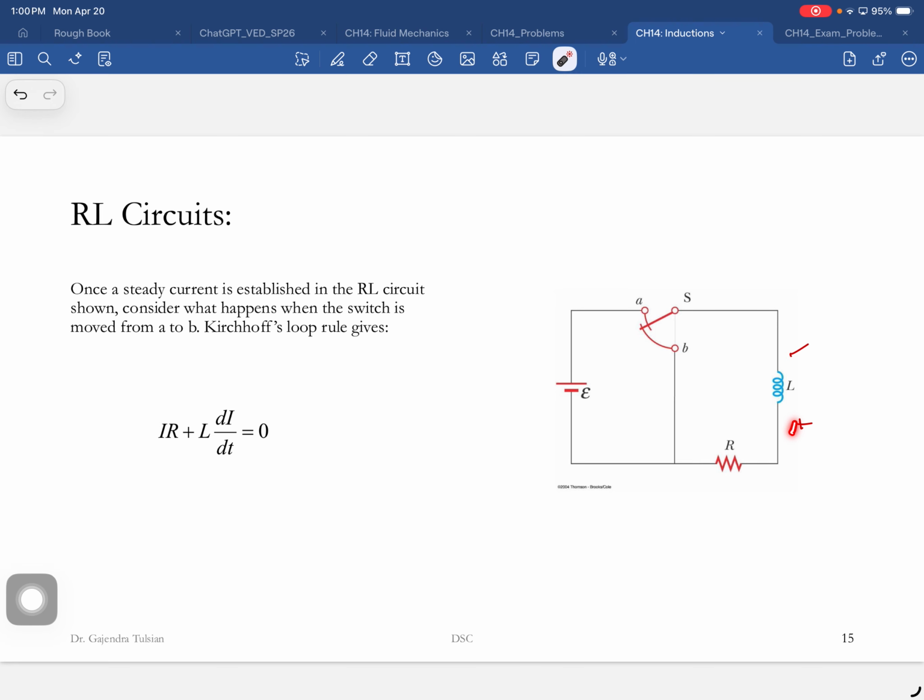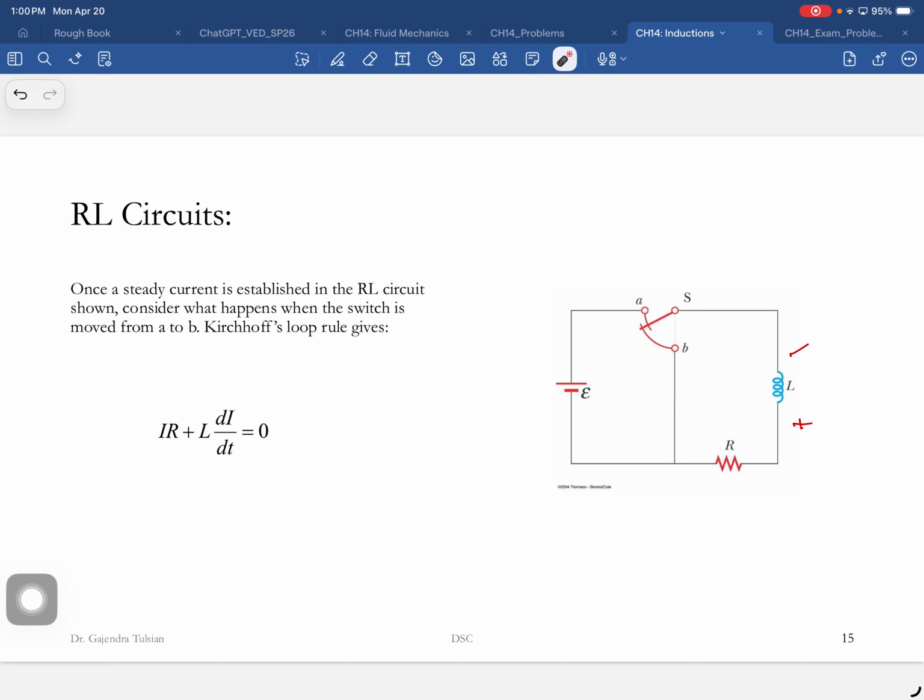It should be minus the voltage across this, but the voltage across that is L di by dt. And di by dt is negative, so minus. So you take a positive value. This term is negative, so IR plus this term is 0.